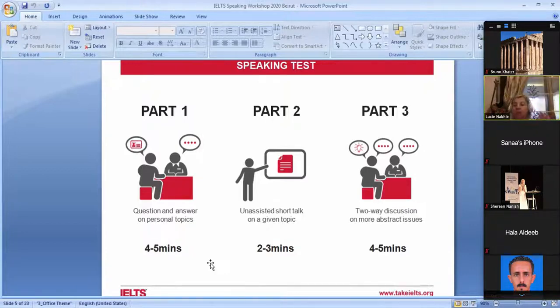But 90% of the time, it's about something that happened in the past. Okay? Most of the time, it's something that you've encountered or that happened to you or something that you did or, I don't know, something you ate or a party you went to or something like that. Does that answer your question, Shireen?